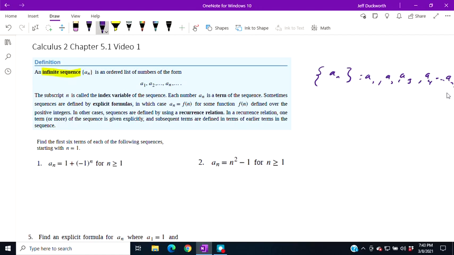The subscript n is what's known as the index variable of the sequence, and the an is the nth term of the sequence.